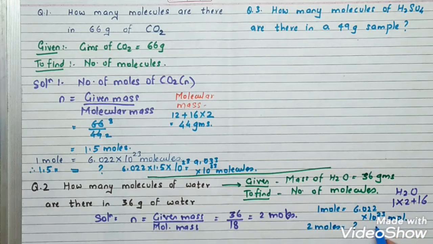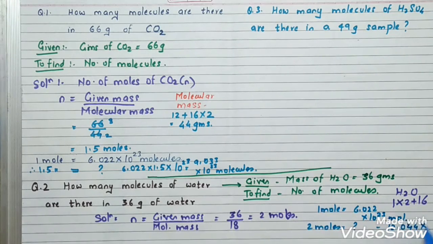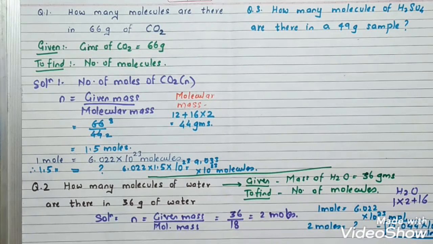Simply multiply and the answer you will get is 12.044 into 10 raised to 23 molecules of water. Alright, so this was the second sum. Quite simple. And now let us solve the third one.